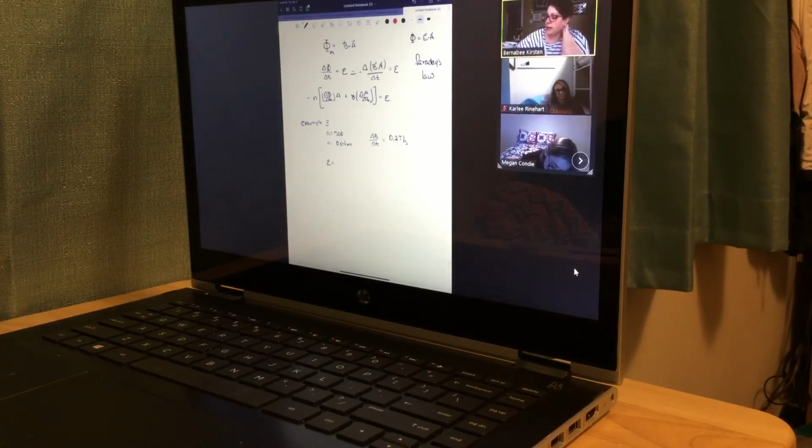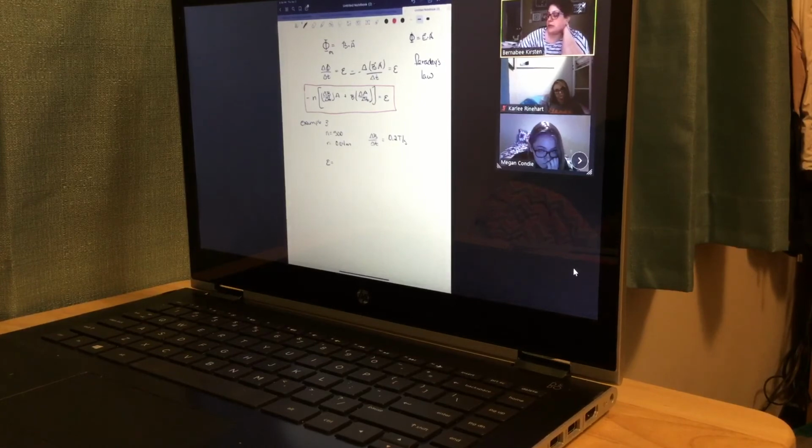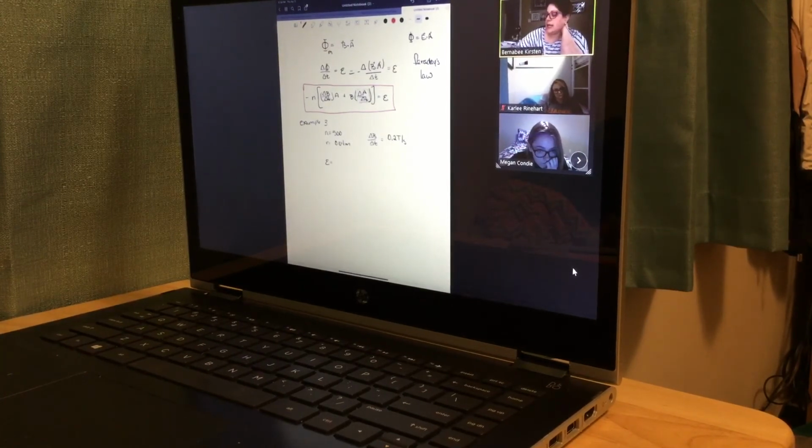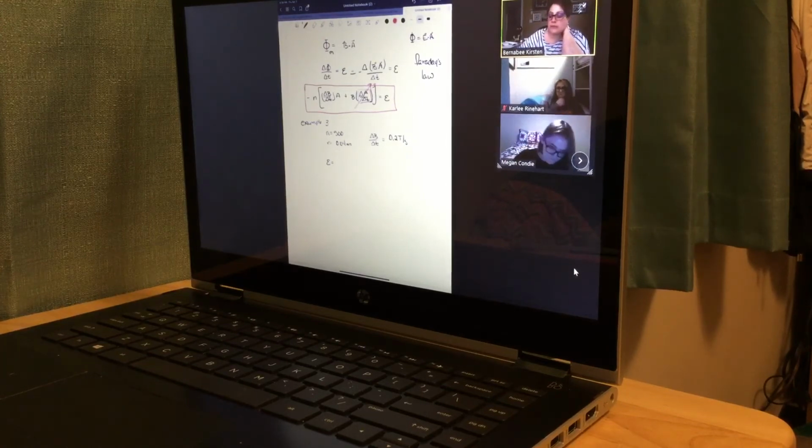So if I go back up to this specific version of Faraday's law, the area is not changing in this particular example. So that means this delta A is 0. That whole term is going to be 0. Not always the case, but it is the case for this problem.